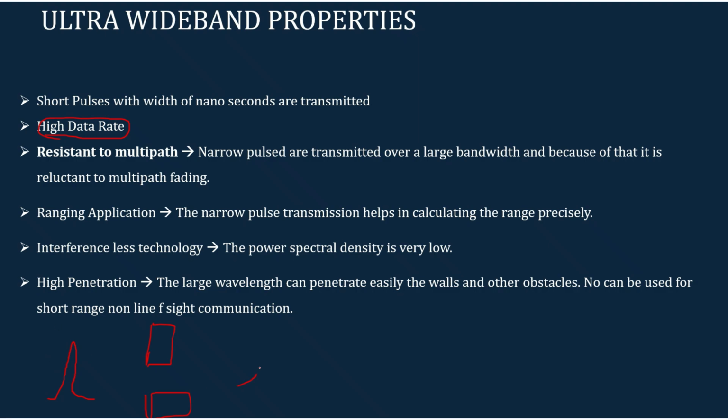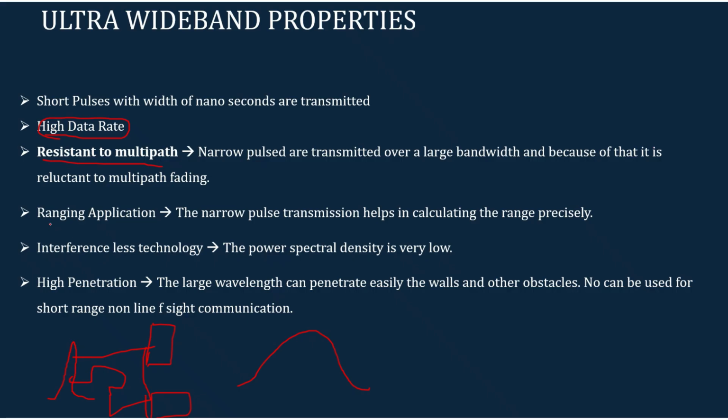If we were using a very wide pulse, it would get spread out and the multipath effect would be more. So in this case, even if there are multiple reflections, the distortion happening on the narrow pulse will be very small. That is known as resistance to multipath.